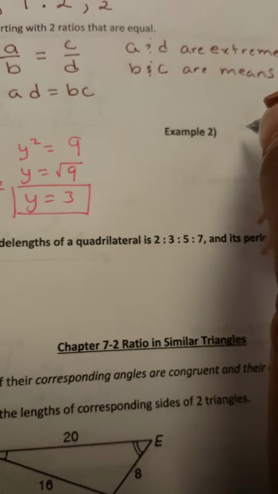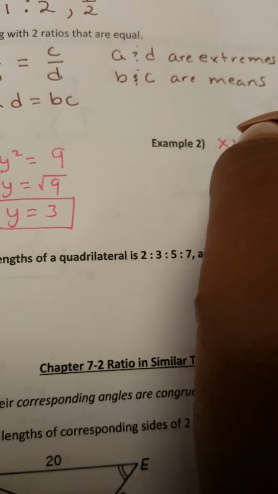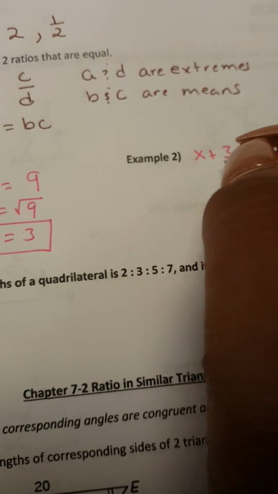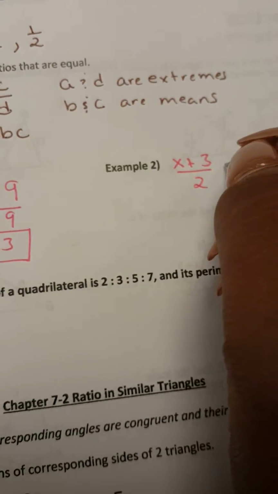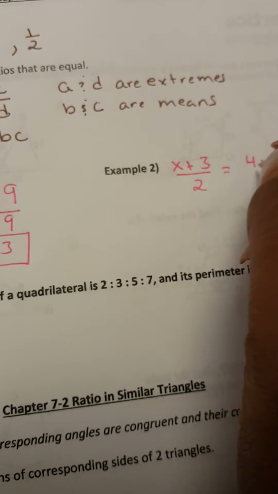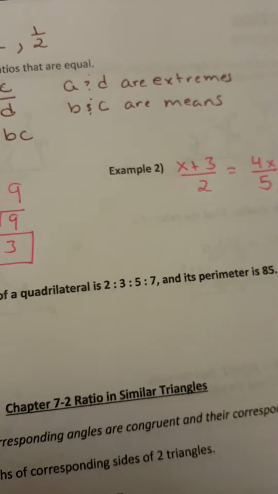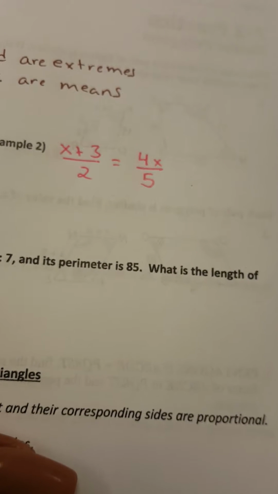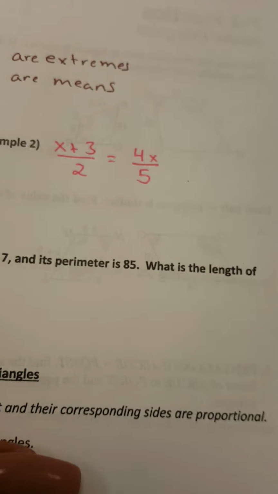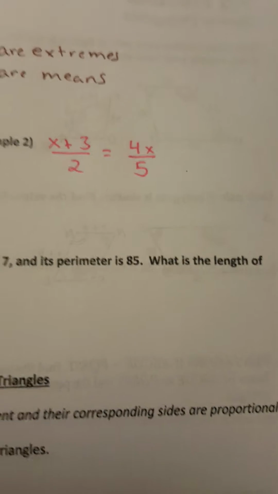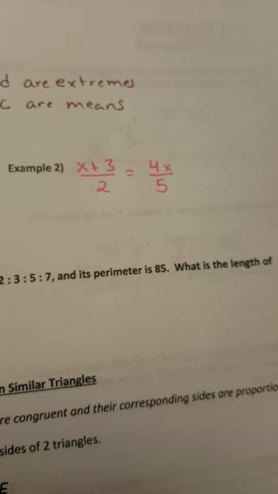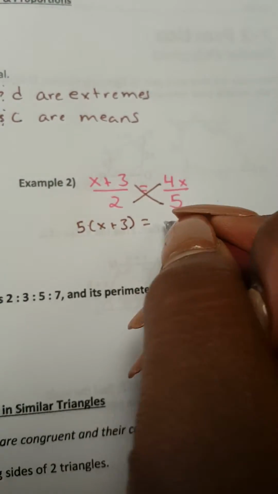Okay, example number 2 would be written like this: x plus 3 divided by 2 equals 4x over 5. So you cross multiply. So you're going to do 5 times x plus 3. So you distribute it.